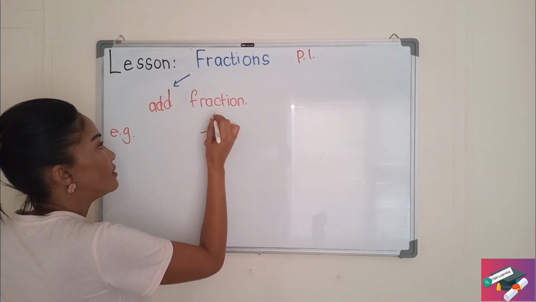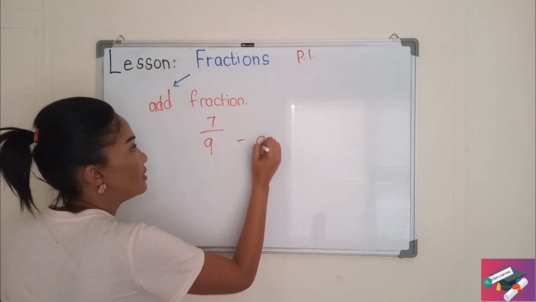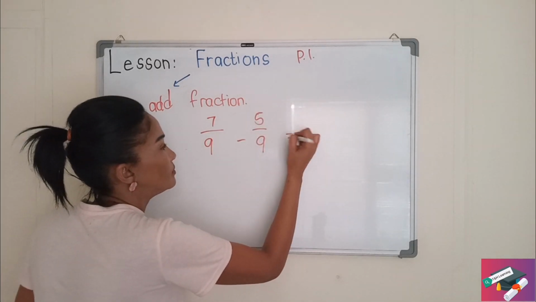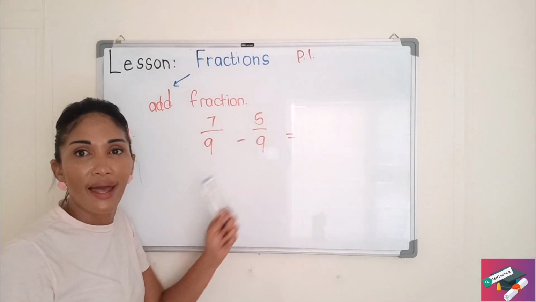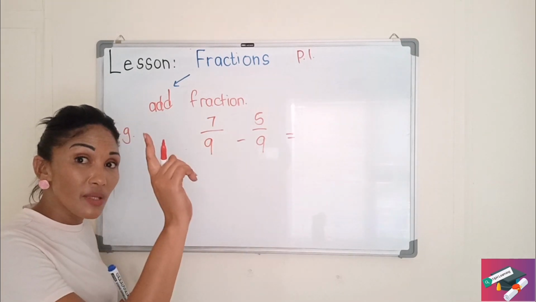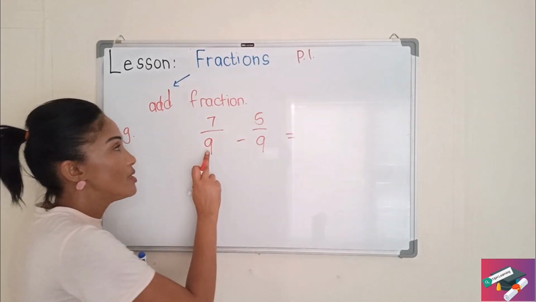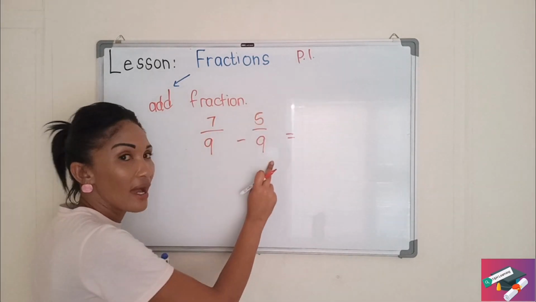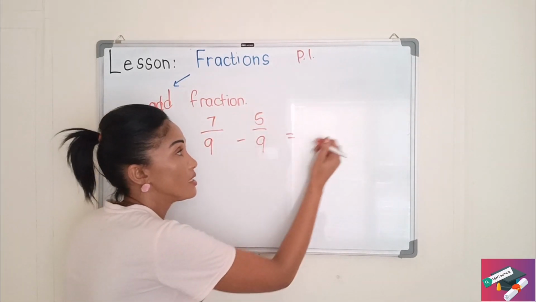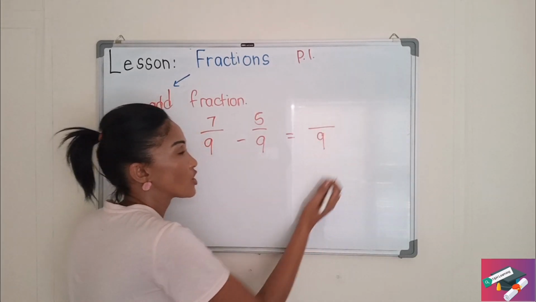So if I have 7 9ths minus 5 9ths. Remember, when subtracting, you can only subtract a smaller number from a bigger number. So 7 9ths minus 5 9ths. My denominators are the same, so I'm going to write my 9 down, my fraction line.